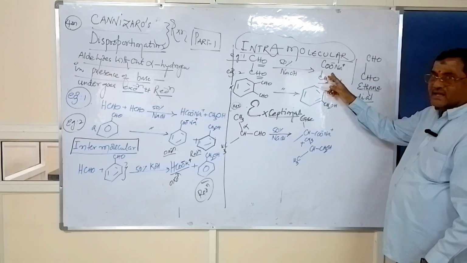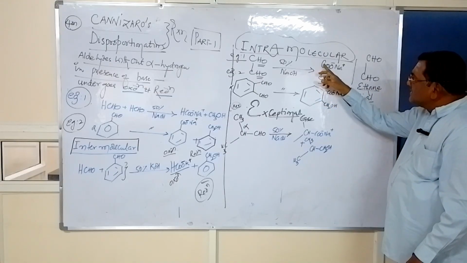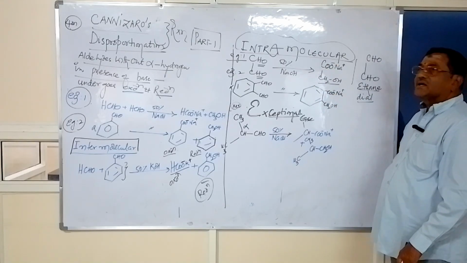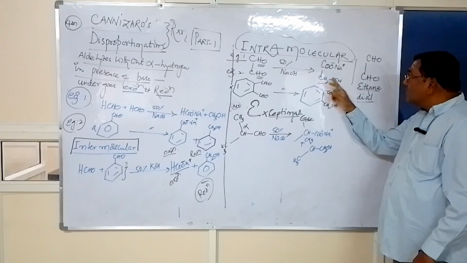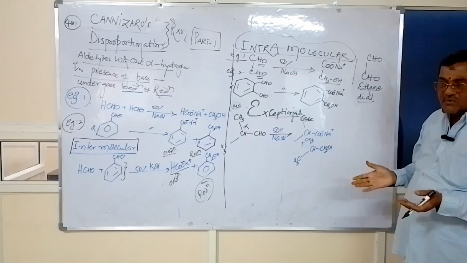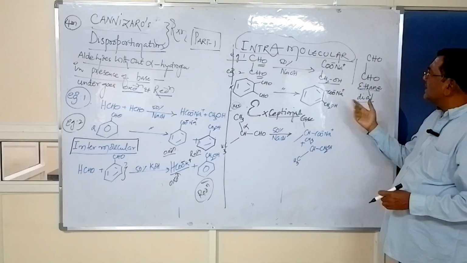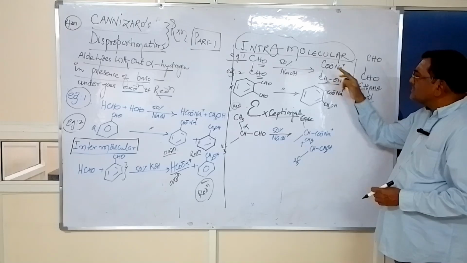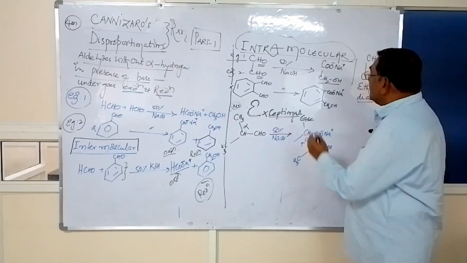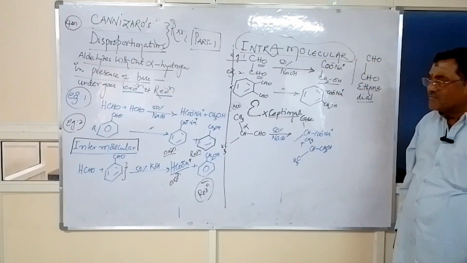Can you suggest its IUPAC name, excluding sodium? It's 2-hydroxyethanoate. 2-hydroxy sodium ethanoate also, it makes no difference. Of course, it's in the rarest cases that you see this IUPAC name. 2-hydroxyethanoate, repeatedly I am telling you, don't avoid that. Sometimes it is given like that to confuse you.